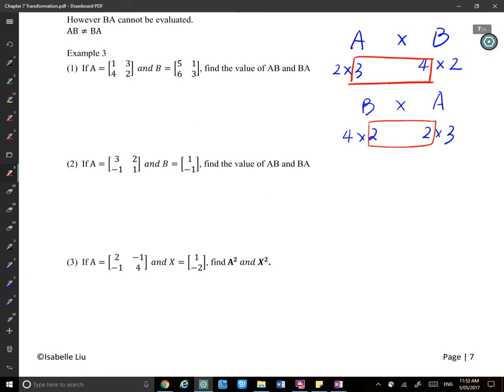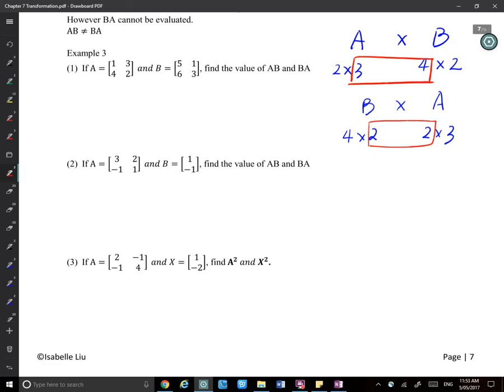So A times B is not the same as B times A in matrices. Even though I know in numbers 3 times 4 and 4 times 3 will be the same, in matrices A times B or B times A will be totally different. Some of them, like for example this case, one you can evaluate, one you can't.